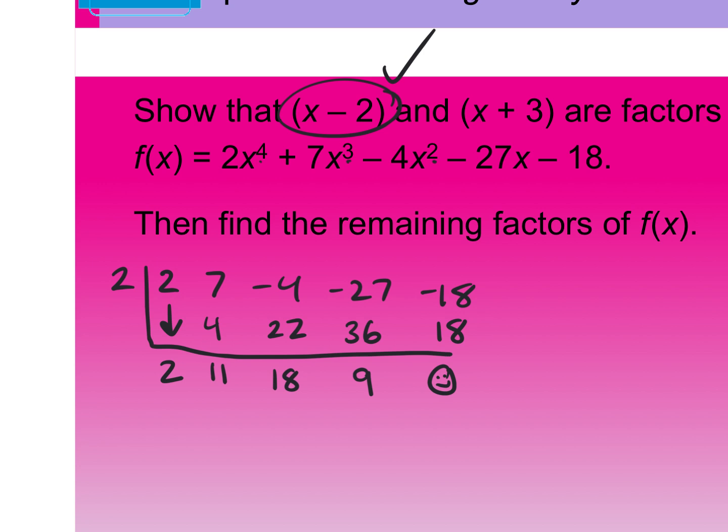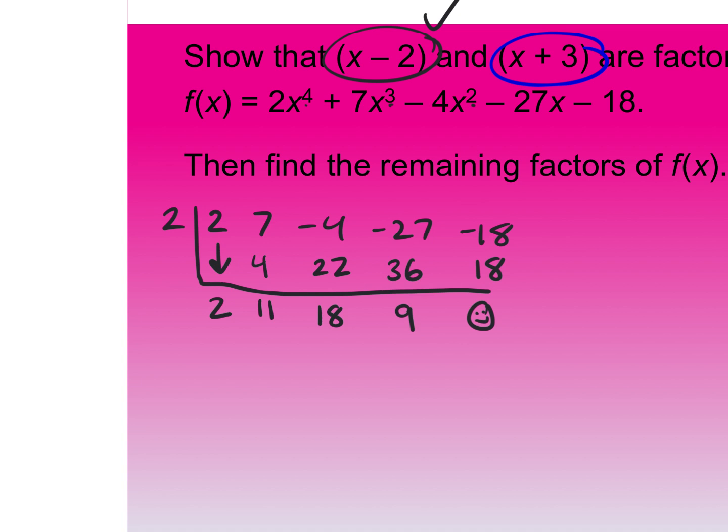Next, let's show that x plus 3 is a factor. So instead of doing synthetic division again with my original polynomial, I'm going to work with what I just divided, because if it was a factor of my answer now, it would have been a factor of my original too. So we're going to divide x plus 3 into the coefficients that I have here.